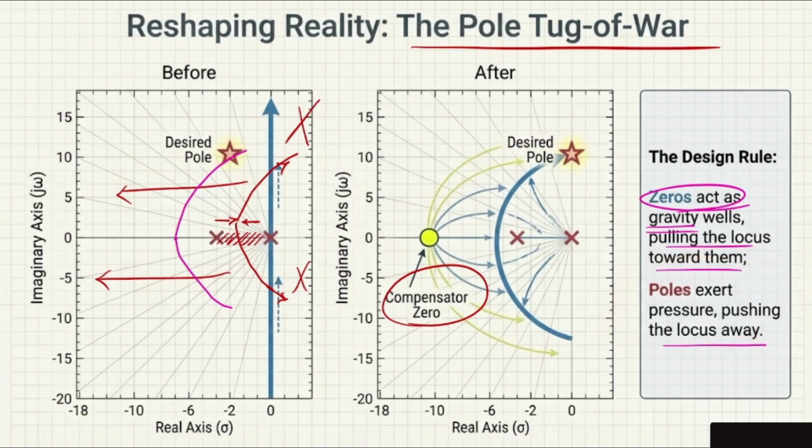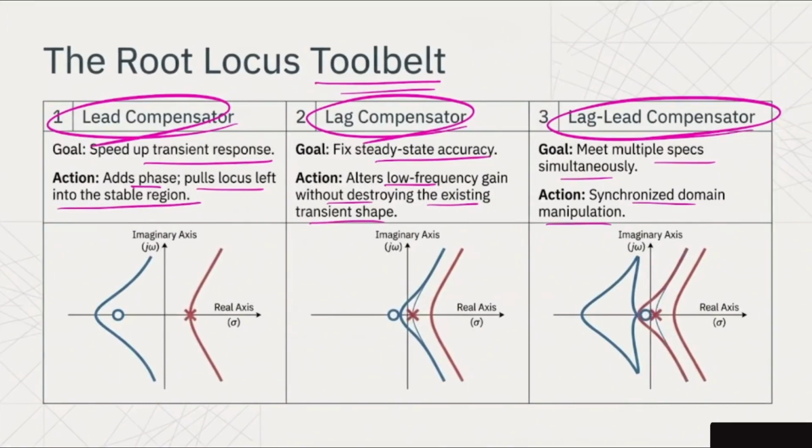Obviously we can have some zeros. The zero acts as a gravity point and pulls this root locus, which is our visualization part, to itself, while the poles repel it. So these are the two important things about poles and zeros. We will talk about it in detail. Don't worry, I just want to show you what is happening.